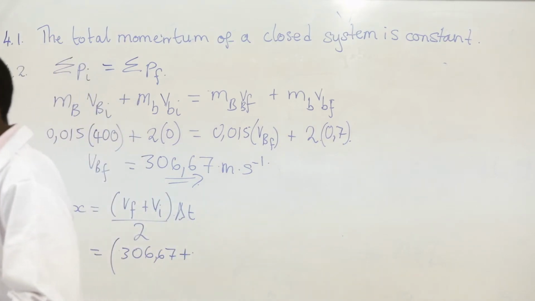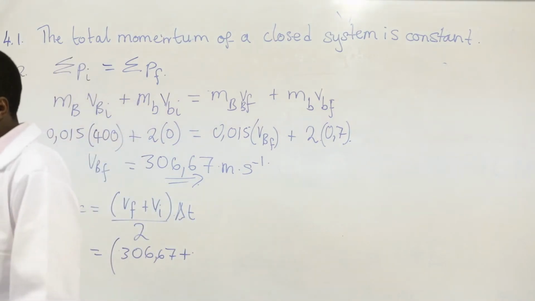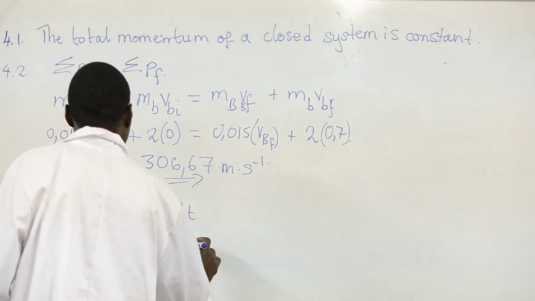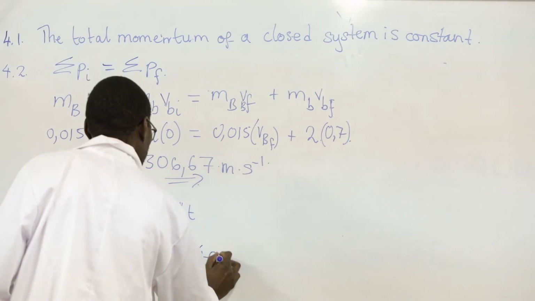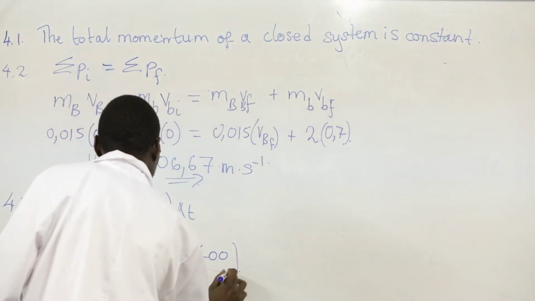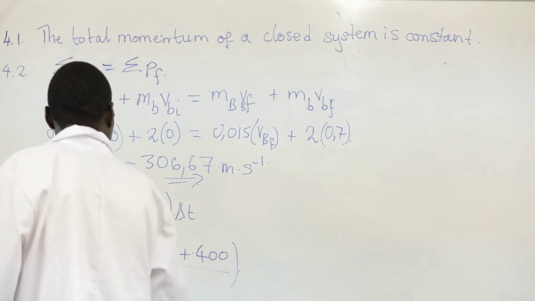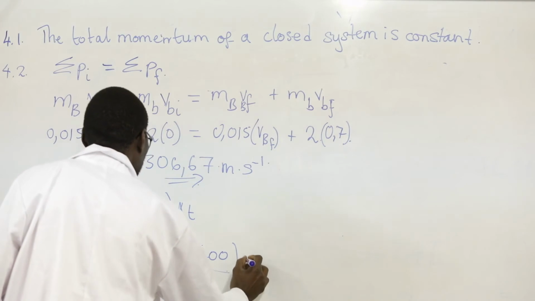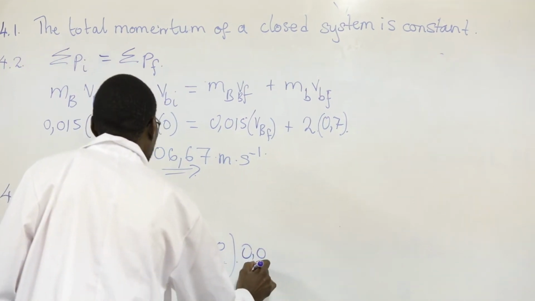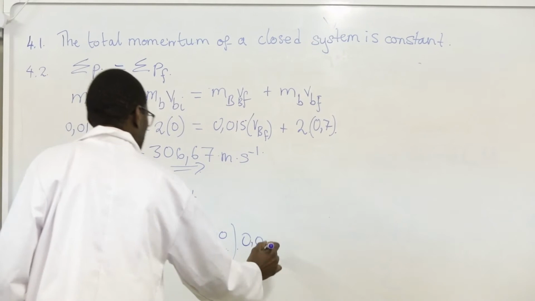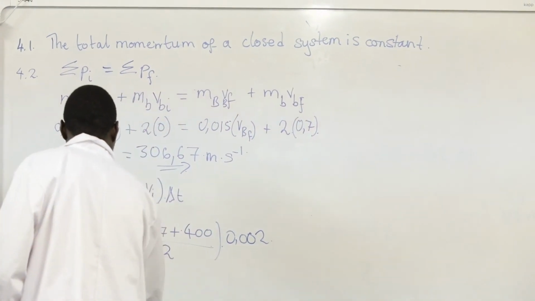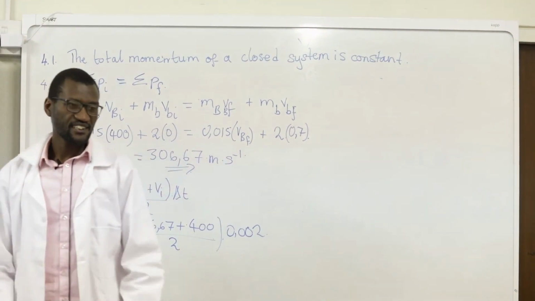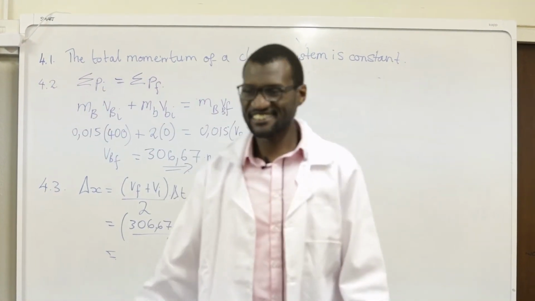So 400 plus 306.67 divided by 2 times the change in time, which is 0.02. You must have your calculators out. Let's do the calculations.